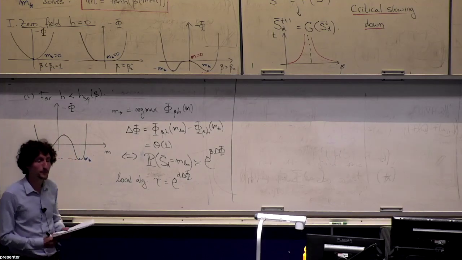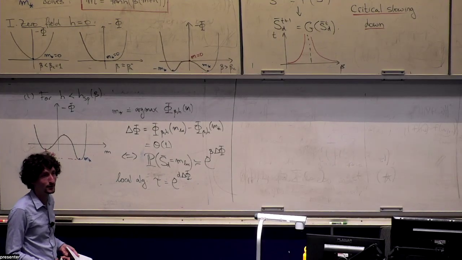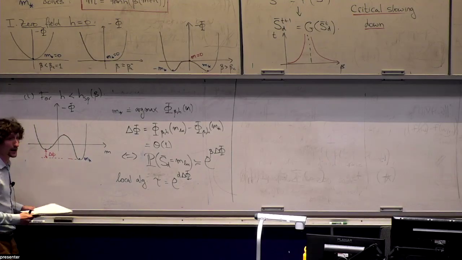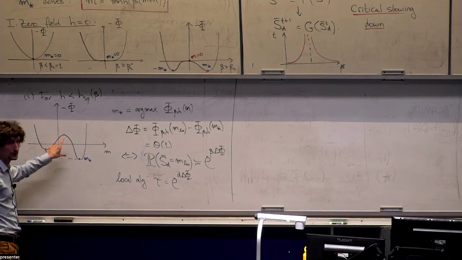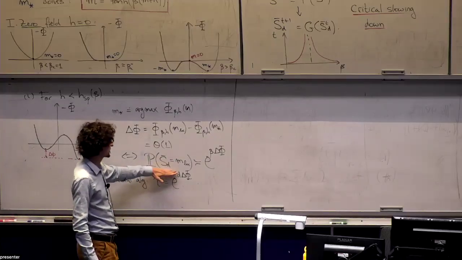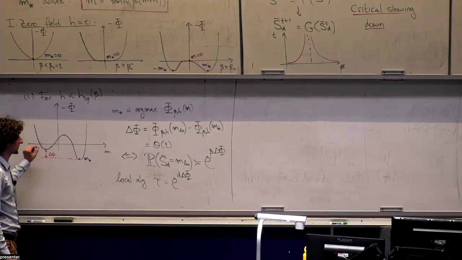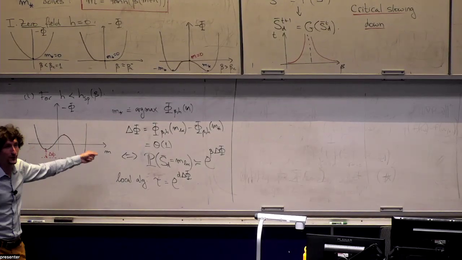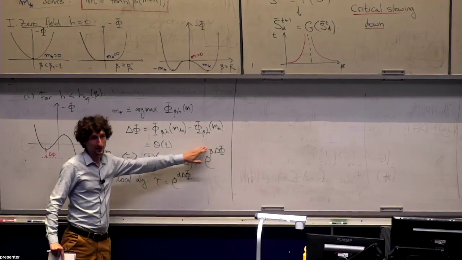Yeah. The height in between matters too, right? Yes, that's true. What is going to matter for the time scale is the height of the peak. Here I was just writing what is the probability for you, let's say that you are in this state, of an event that takes me from there to there. So that probability is exponentially small in the difference because of the large deviation principle.